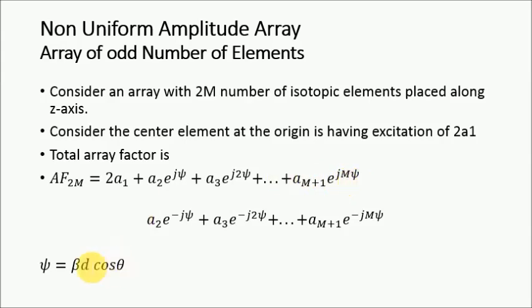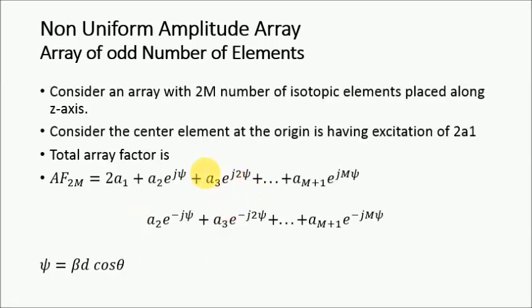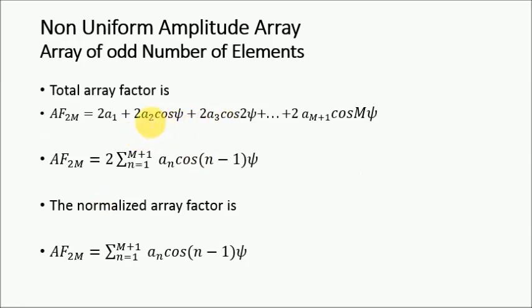Now just see here, this is the leading part, this will be the lagging part. If you combine this leading and lagging part, you can easily replace it with 2 cos psi, 2 cos 2psi, likewise 2 cos m psi. These are the amplitudes.